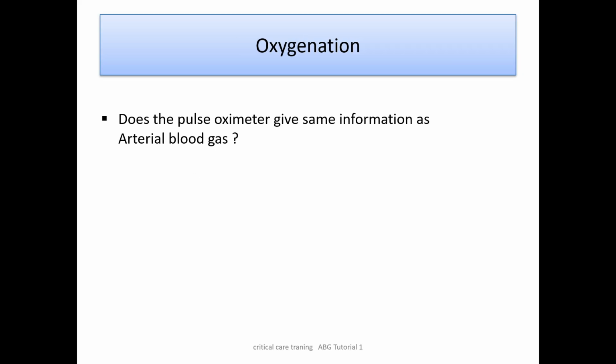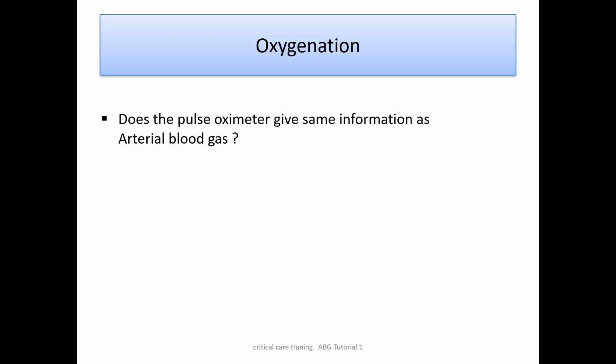Now coming to the question: with the advent of pulse oximeter and EtCO2, does the pulse oximeter give the same information as arterial blood gas? What is your answer? Take a moment. Okay, 90% of the time, yes, but there are limitations of the pulse oximeter. If you have a patient in shock, a patient with a high APACHE score, a patient with cold peripheries, a patient with nail polish, or ambient light, all of which affect the pulse oximeter.